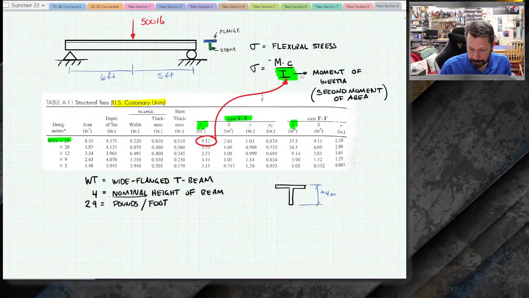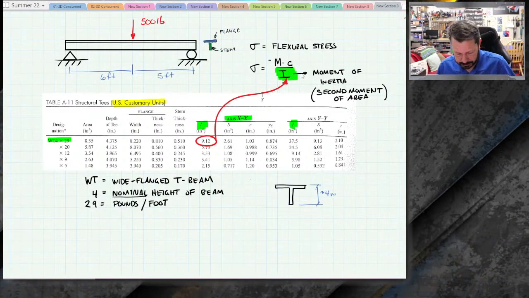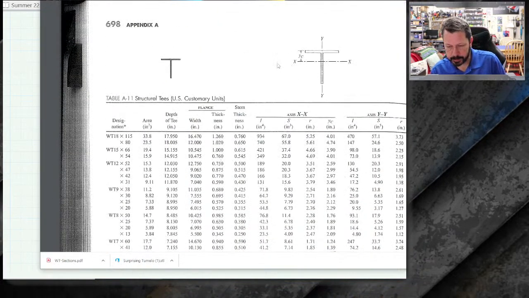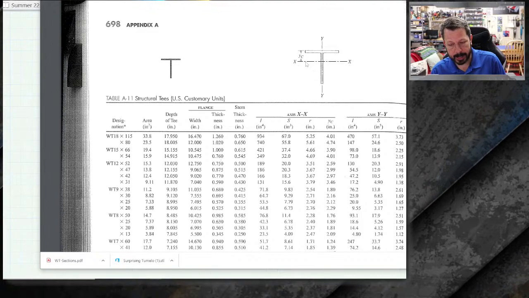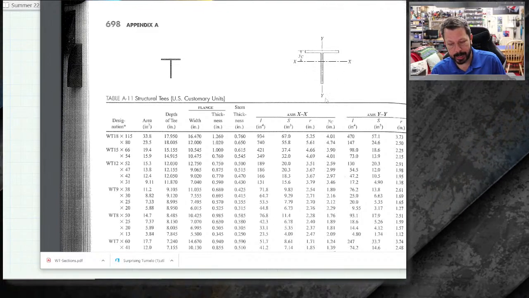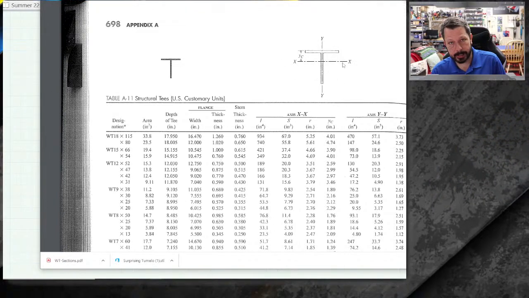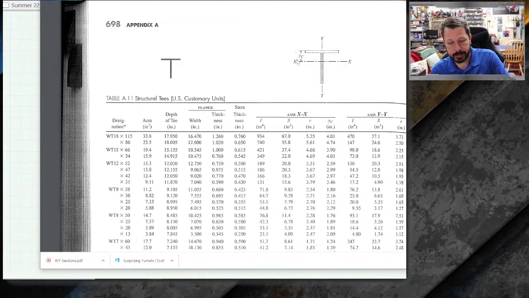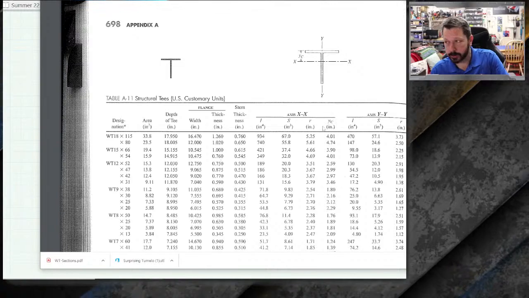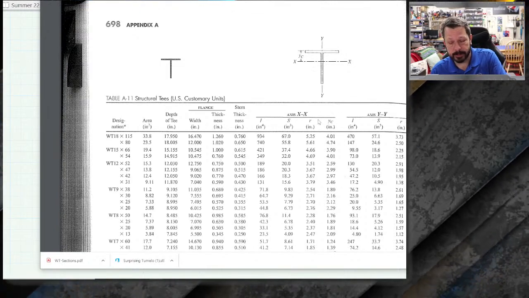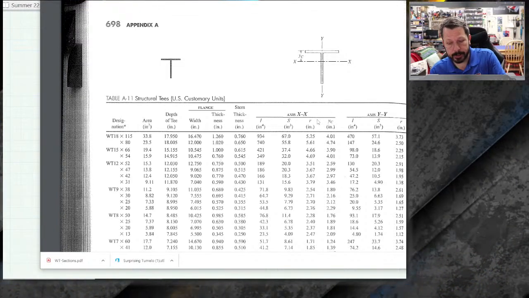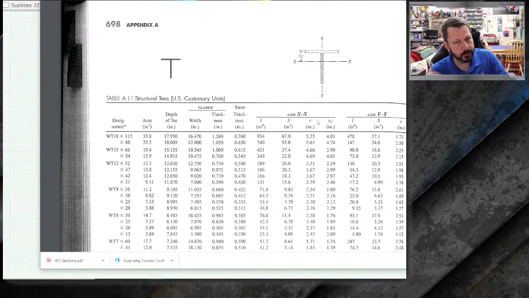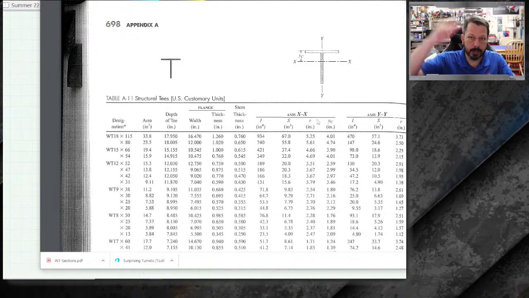C is, actually we need to go back a little bit to our picture here. So look, there's that XX axis and there's the YY axis. We're dealing with the XX for the time being. Y sub C here, which you can see in the chart also, the values of it, that is the location of the centroid. So how far down, in this case, when we did centroids, we generally calculated from the bottom upwards.